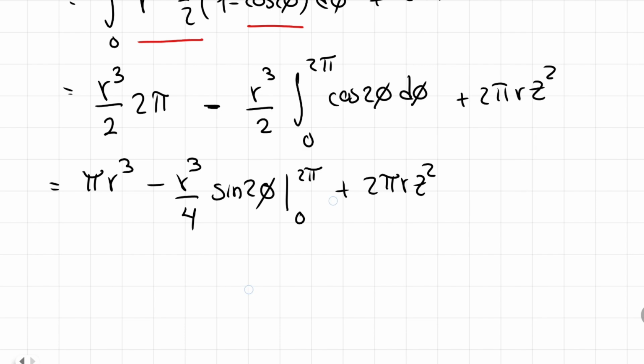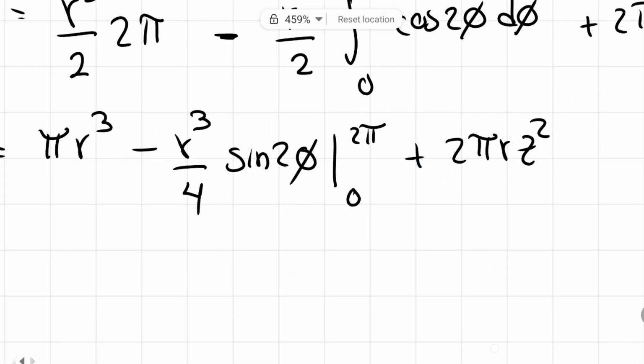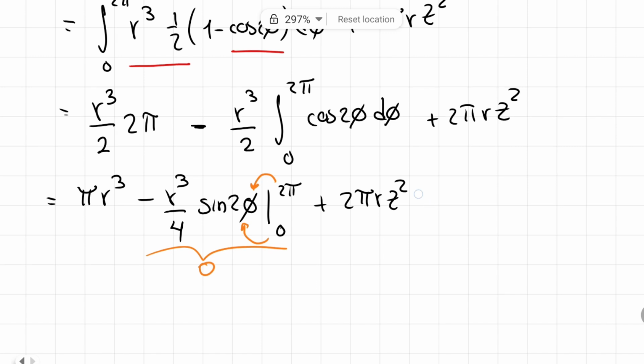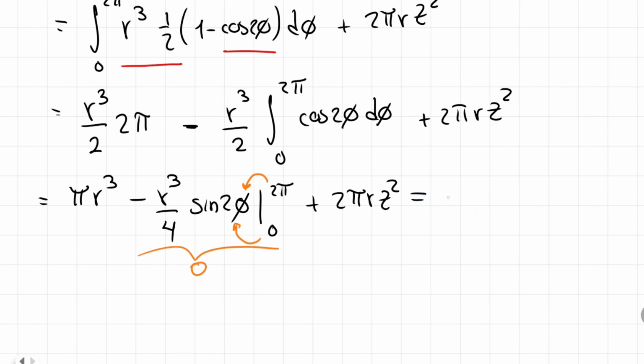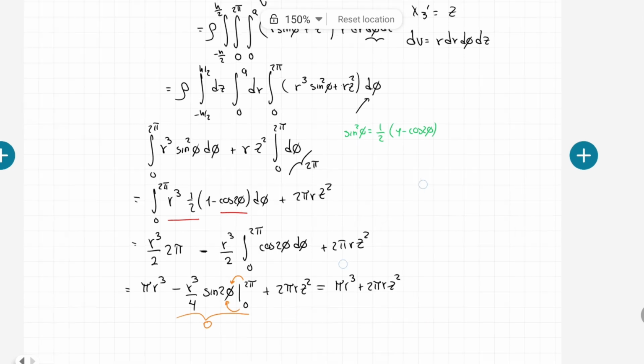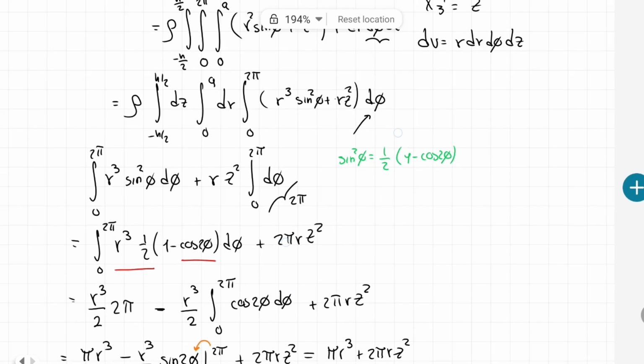Okay, and it's easy to notice that if we evaluate 2 pi over here and 0 over here, this whole expression is going to be equal to 0. So the final result of this piece of the integral is going to be equal to pi r cubed plus 2 pi r z squared. Remember that this result corresponds to this integral that I'm pointing to here.